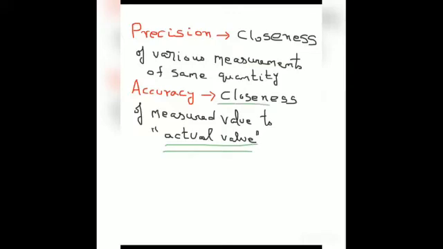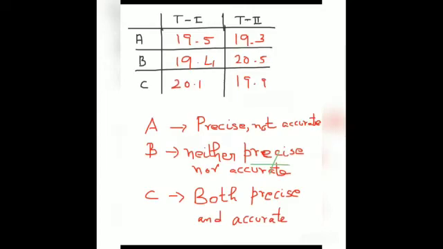So let us see one experiment conducted by students where they have got different values, and whether they have got precision and accuracy in their result. Three students A, B and C did the titration two times and the values obtained are as follows. Student A got 19.5 and 19.3, an average of 19.4.